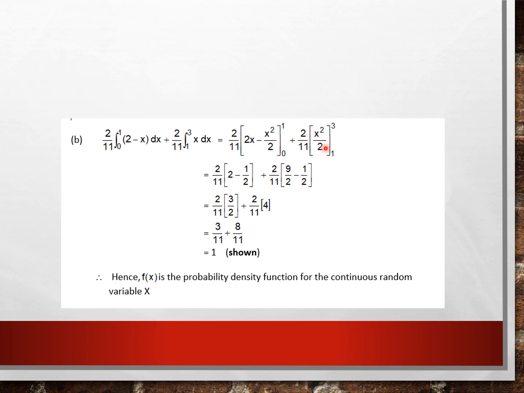And for the second function, when you integrate x, you get x squared over 2 and you substitute 1 and 3. As you can see in this slide, this is how you substitute the values of 1 and 0. Over here, you substitute the values of 3 and 1. When you calculate this, you will get 1. Right. So hence, f(x) is the probability density function for the continuous random variable.